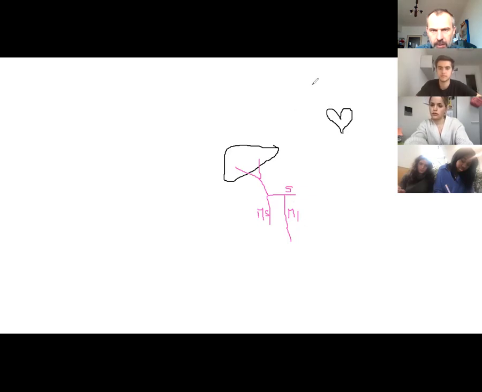And we need inferior vena cava and common iliac, and then we need the external iliac and common femoral, and we need the internal iliac.